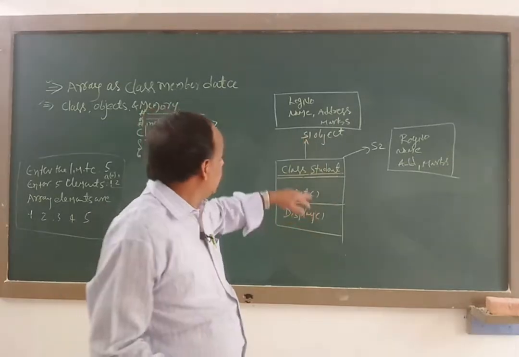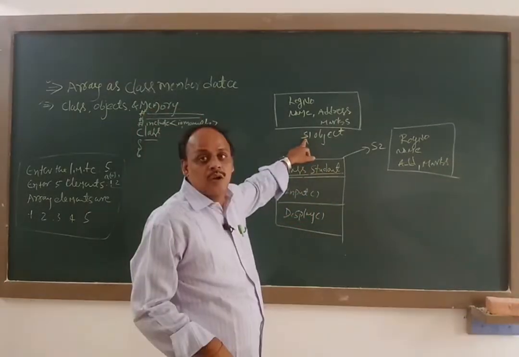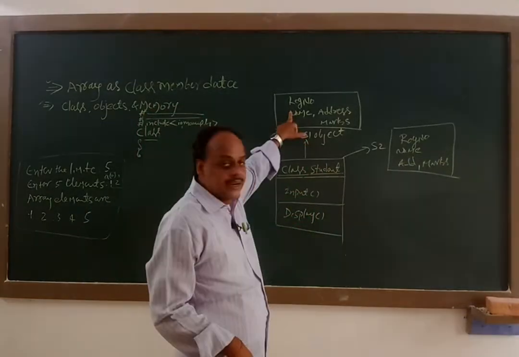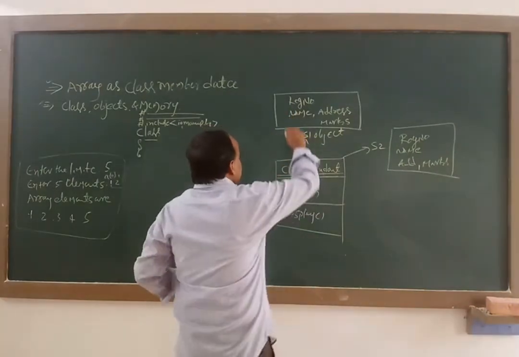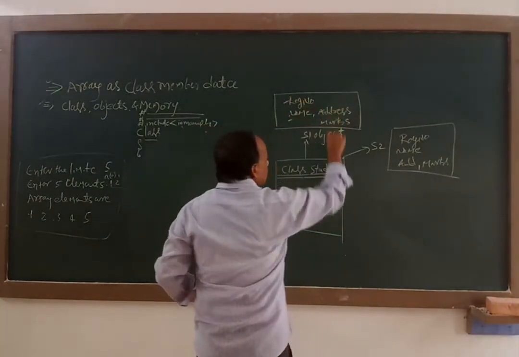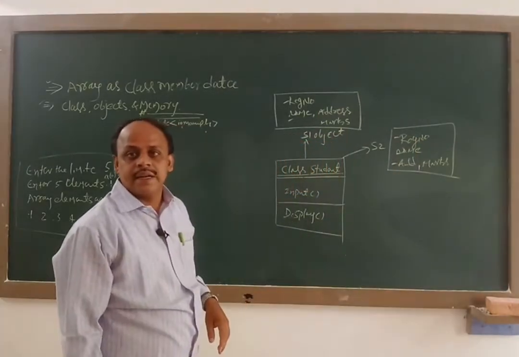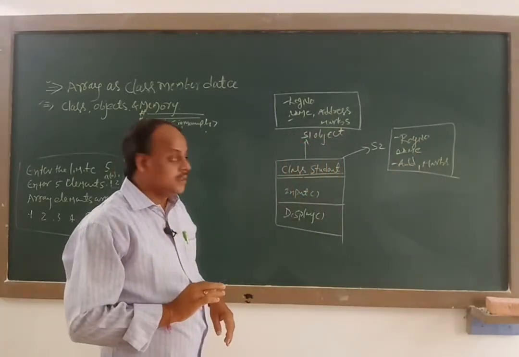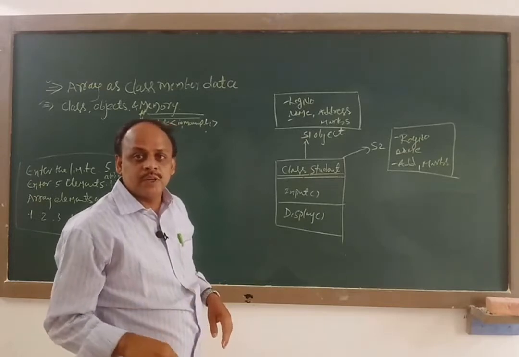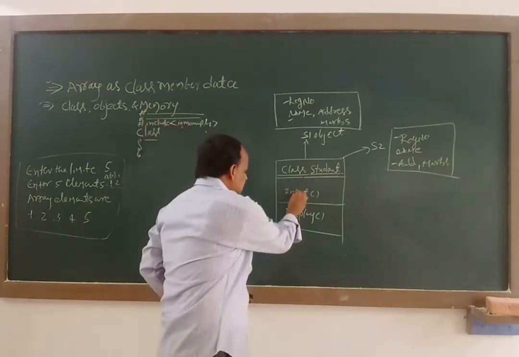That is, each object has a copy of the data members. For these data members memory is allocated, and no memory is allocated for the member functions.